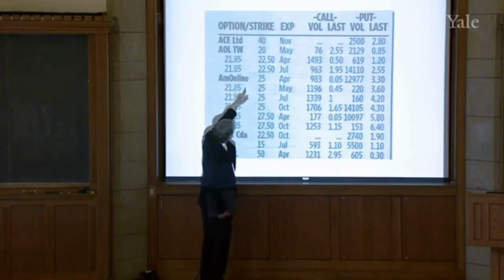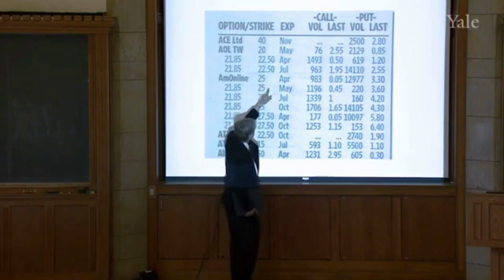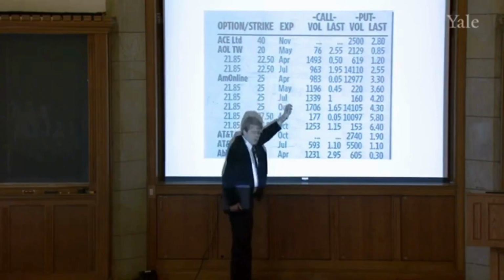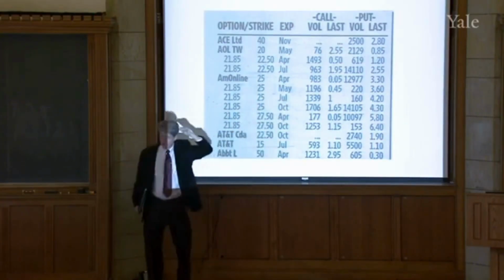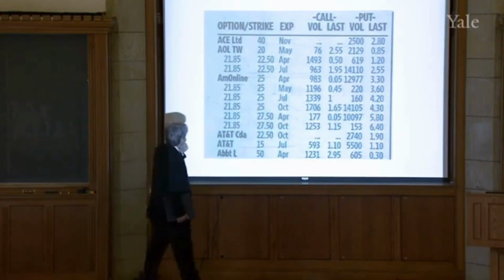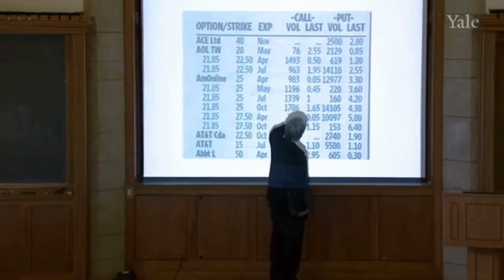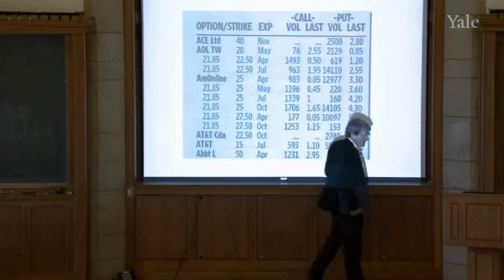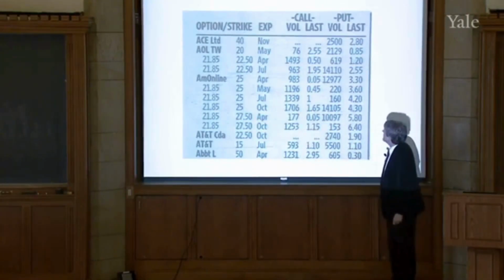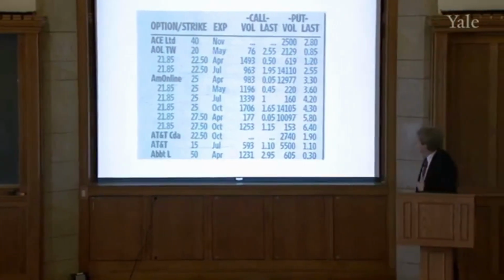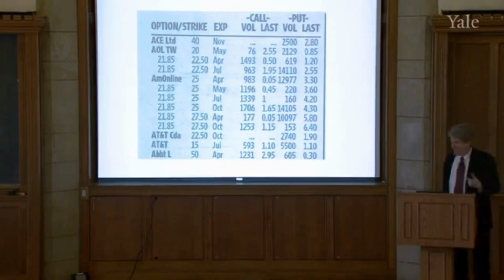A strike price of 20, expiring in May of 2002, which is like 1 month into the future. Remember, it's April 2002 right now. The volume is the number of options that were traded yesterday, and the $2.55 up there is the price of a call option, the last option to be traded yesterday. This is the morning paper. It's reporting on yesterday morning's prices.